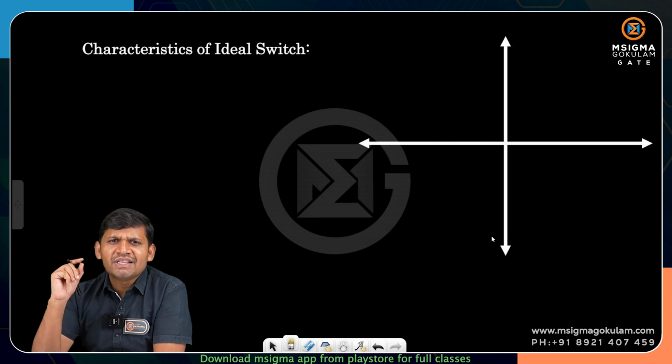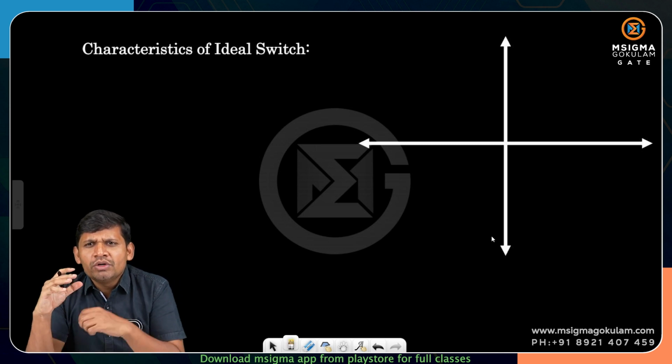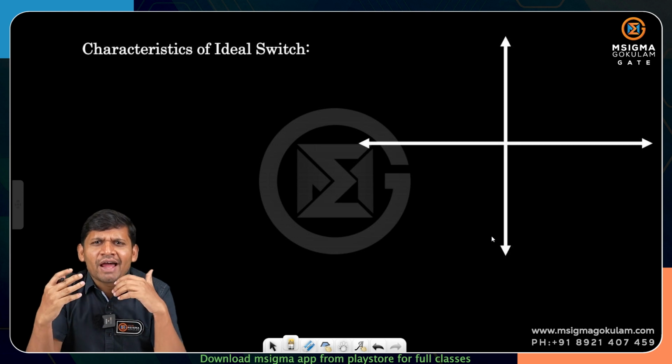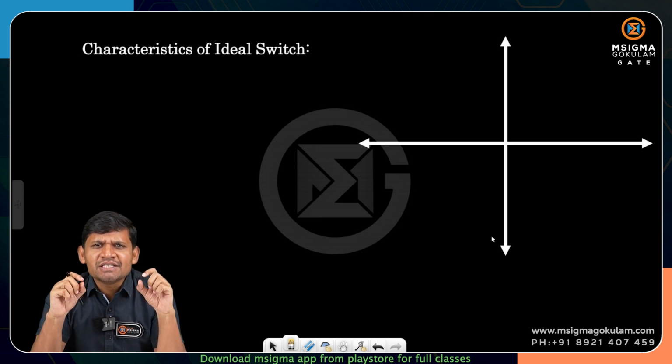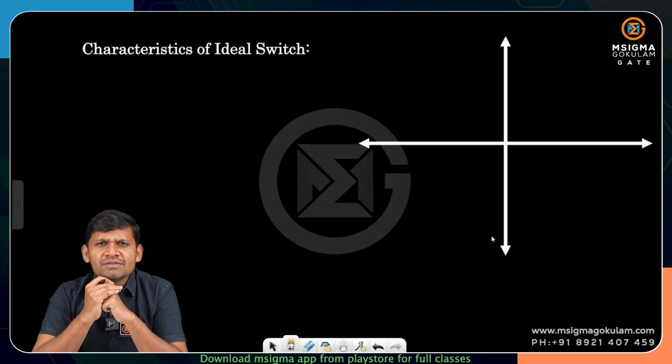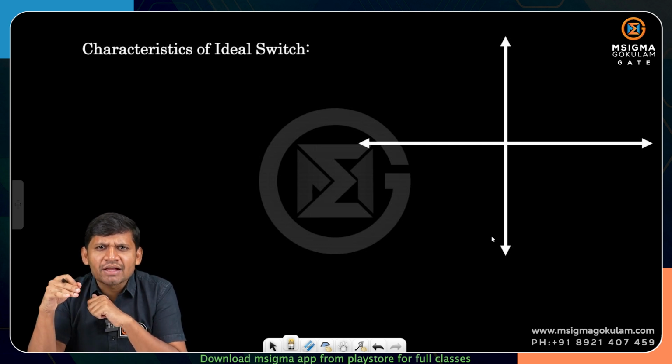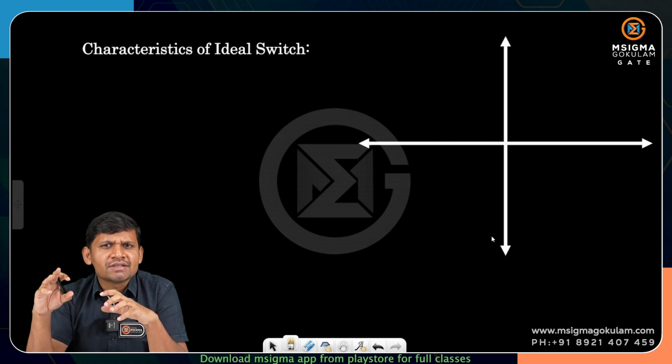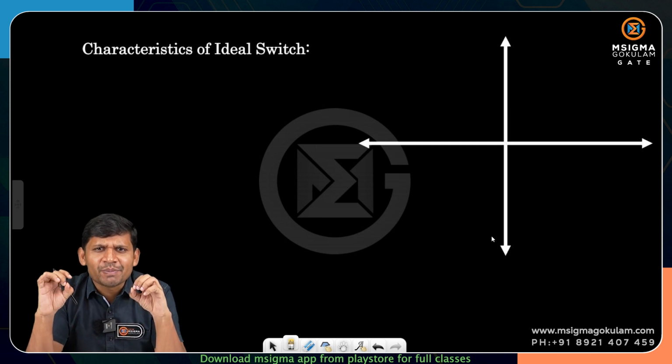But here I am giving one generalized statement, students. Wherever you are drawing the characteristics of devices, remember this point. In drawing the characteristics of devices, current is taken on the y-axis and voltage on the x-axis. That is fixed, unless otherwise specified.